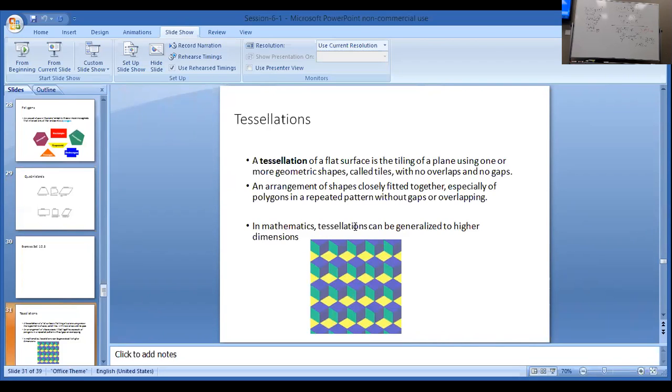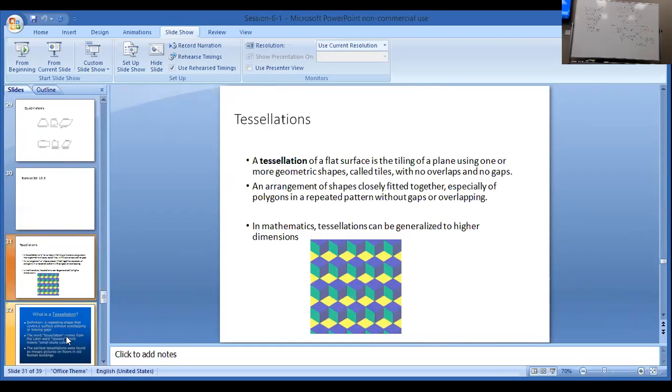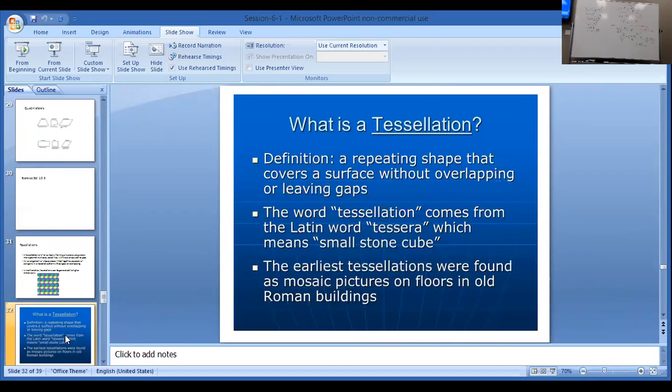This is basically how you can see the practical application of geometry in engineering and construction. What is a tessellation? A repeating shape that covers a surface without overlapping or leaving gaps. The word tessellation comes from the Latin word tessera, which means a small stone cube. But it doesn't have to be a cube. It can be any shape.